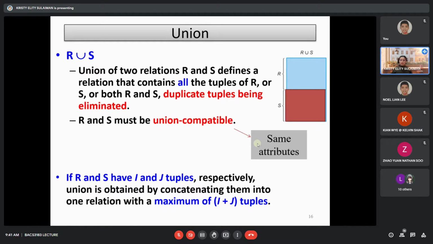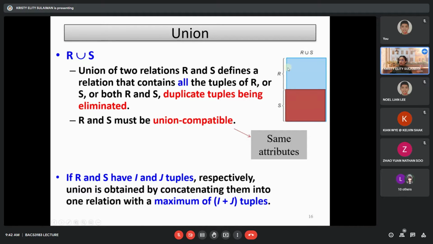The attribute names are not used in defining union compatibility. So the union of the two relations R and S defines a relation that contains all the rows of R or both R and S, and it will eliminate any duplicates.